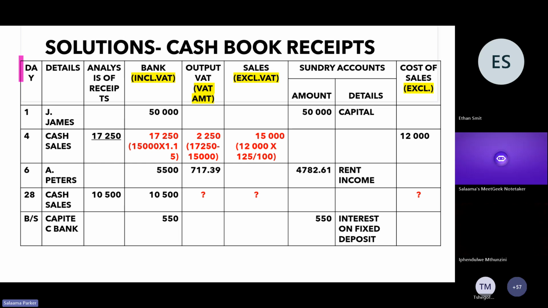And we know, we just mentioned earlier, no VAT is to be recorded on capital, and also just a reminder once again that if you do not have a specific column like we don't have a column for capital, so it has to go to sundry accounts. Okay. And then you just need to put in the details.